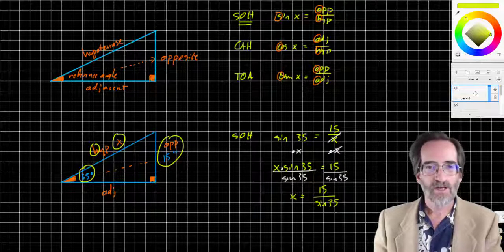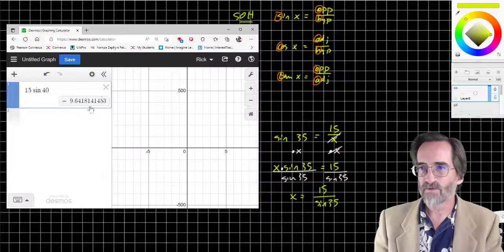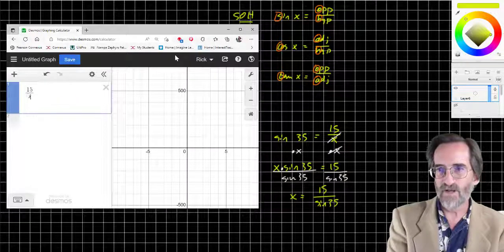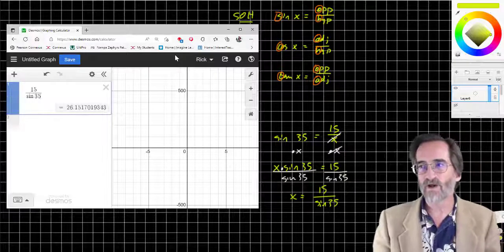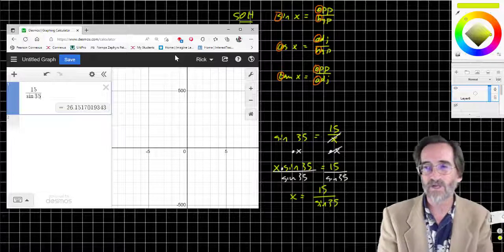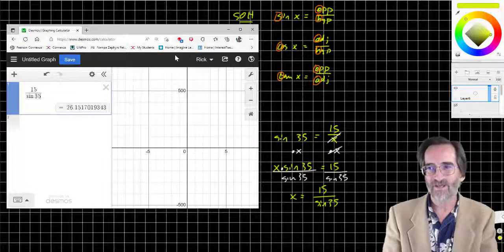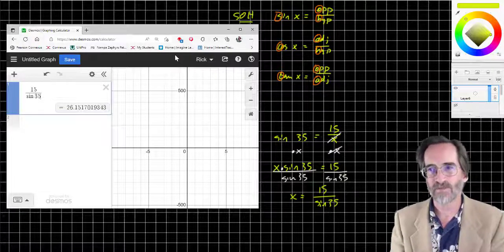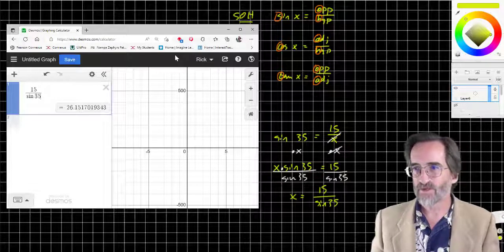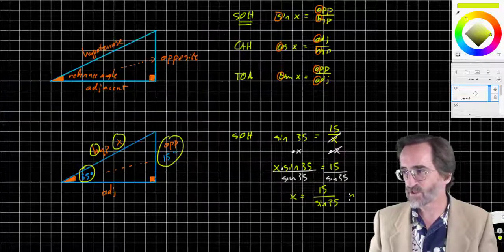And so again, I'm going to reach for my Desmos calculator. Okay, and we're going to take 15 divided by sine 35. Now, because I already changed the wrench tool to read degrees and not radians, I don't need to set it again. Every time you open Desmos, you'll need to set that. So this is 26.1517, to the nearest tenth, 26.2 inches.